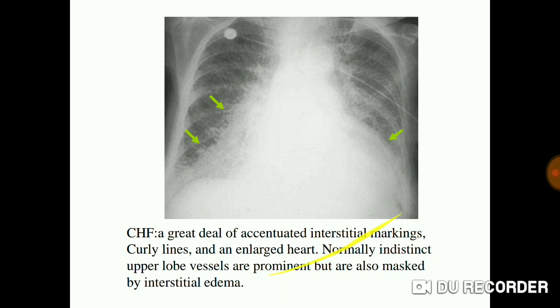Congestive heart failure or chronic heart failure. A great deal of attenuated interstitial markings, upper lobe vessels are prominent but are also masked by interstitial edema.